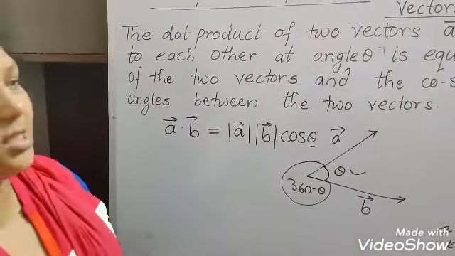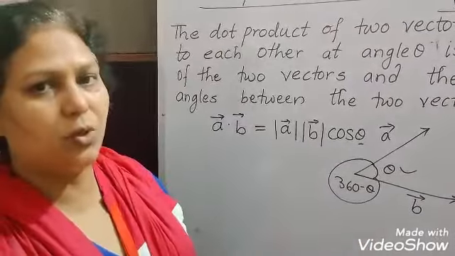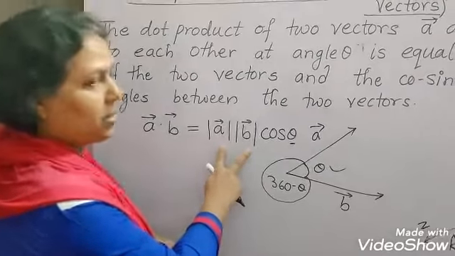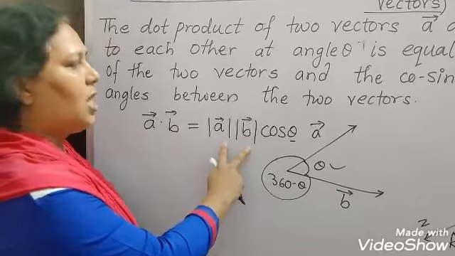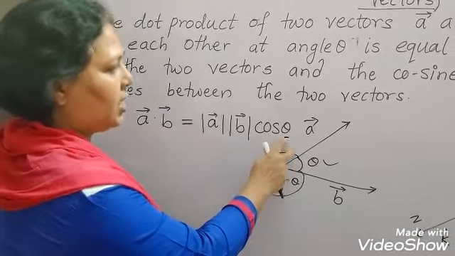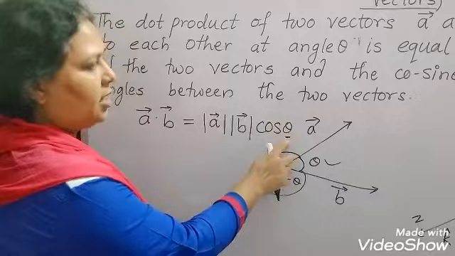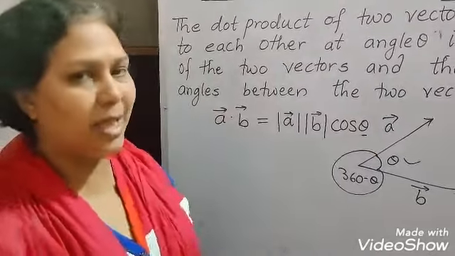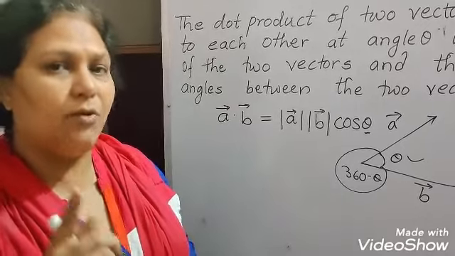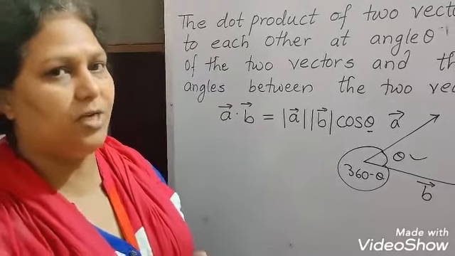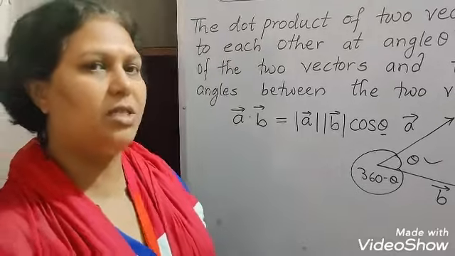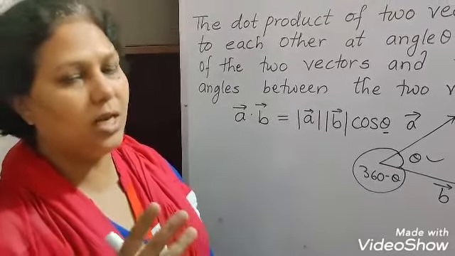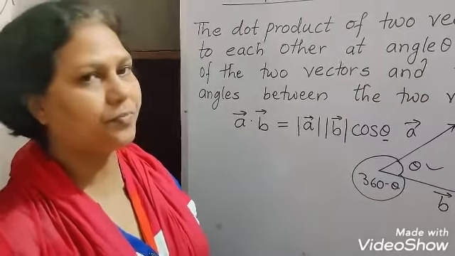So the condition is that whenever we take the dot product of two vectors, it must be equal to the product of their magnitudes and the cosine of the angle between them, but this angle must be the smaller angle. The angle can be at most 180 degrees, but if it is more than 180 degrees, we take the other side of the angle, which is less than 180 degrees.